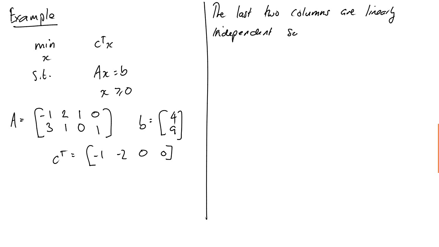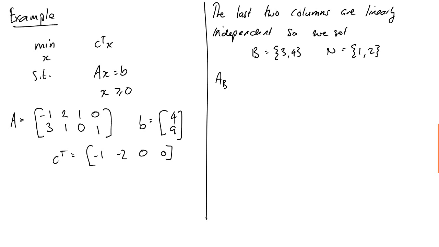So I'm going to choose as my initial basis B to be those last two columns because they're nice and simple, and N will therefore be whatever's left over. That will be 1 and 2 in this case. Now looking at those equations there, in general there's no obvious way of just doing this for a general LP. As I'll show, I'm just going to be lucky here that I've made a good choice.